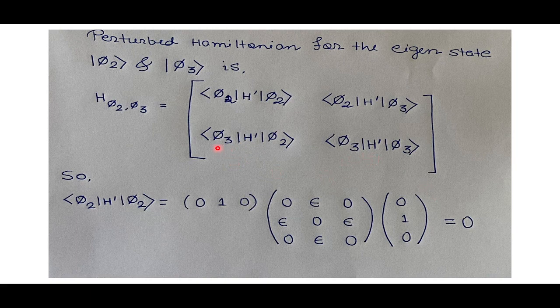In this way we can get the 4 elements, so we can construct the perturbed Hamiltonian for the states phi 2 and phi 3. Let us determine these terms now.